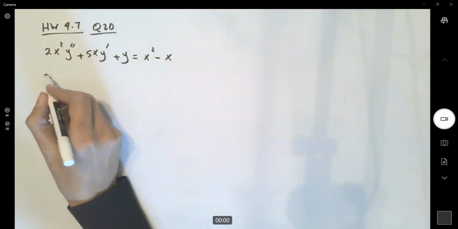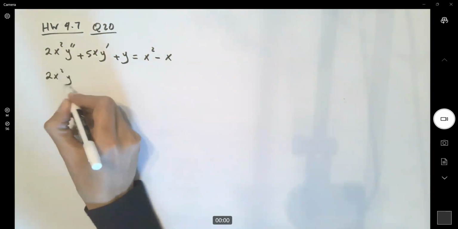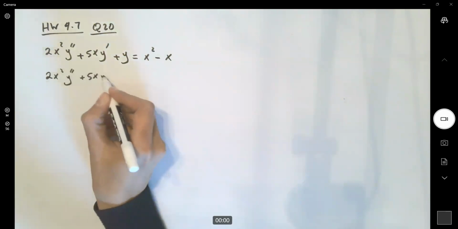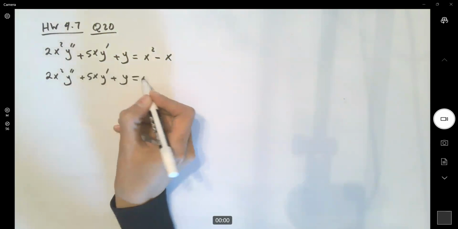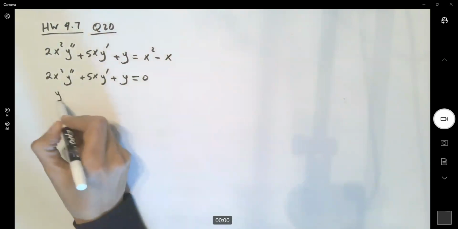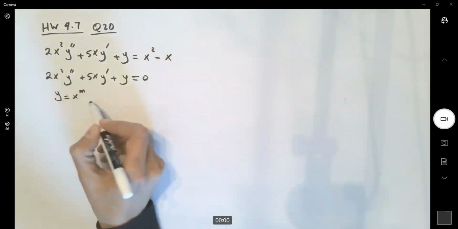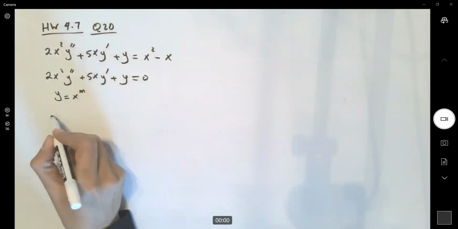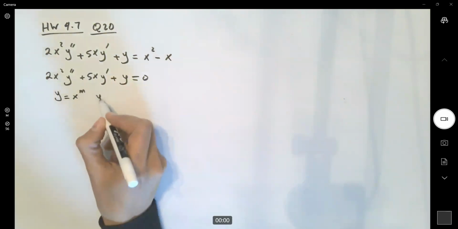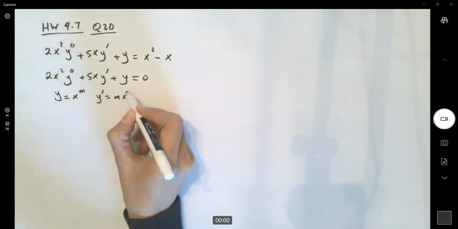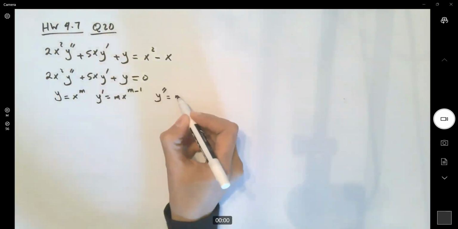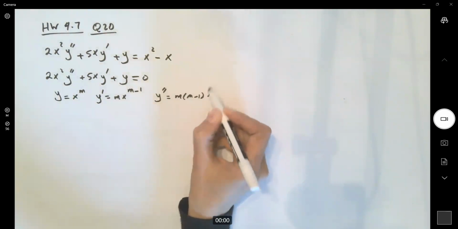So for the homogeneous part, we have 2x squared y double prime plus 5x y prime plus y equal to 0. We're using y equals x to the m and doing the substitution. We get y prime equals m x to the m minus 1, and the second derivative equals m times m minus 1 x to the m minus 2. Let's do the substitution.